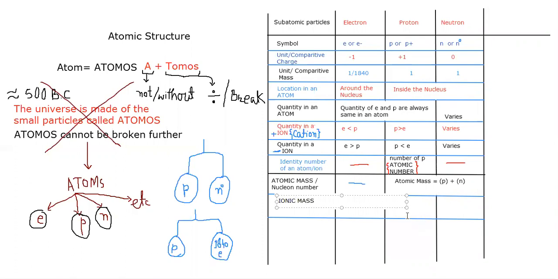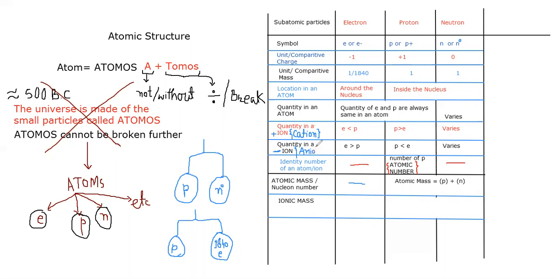So my dear students, when you talk about the mass of an ion, it might be a cation or an anion. The mass of a cation or the mass of an anion.